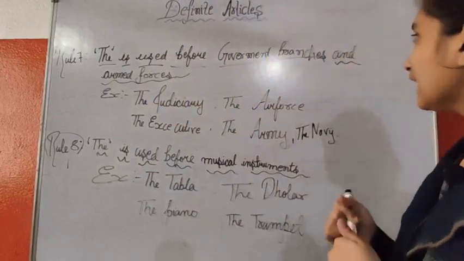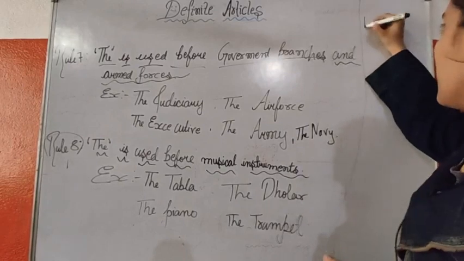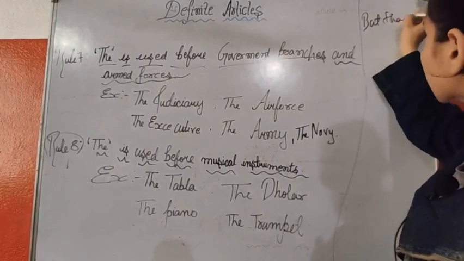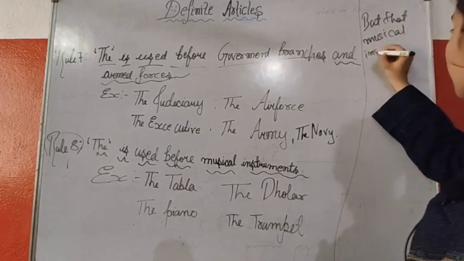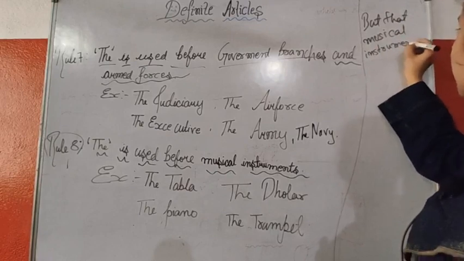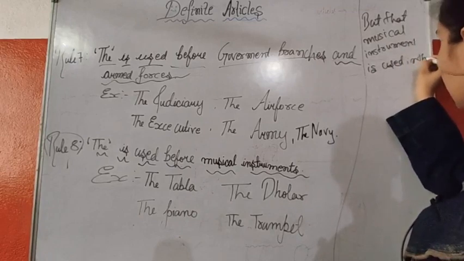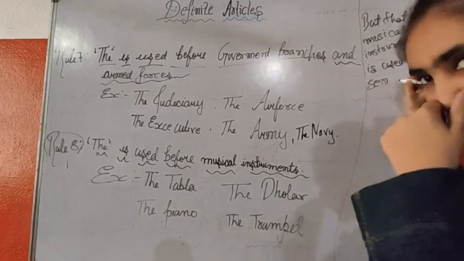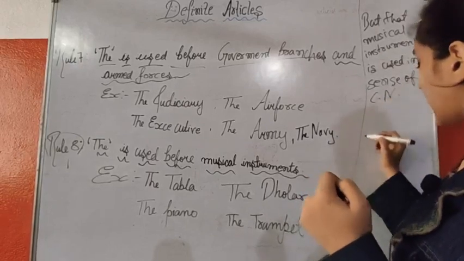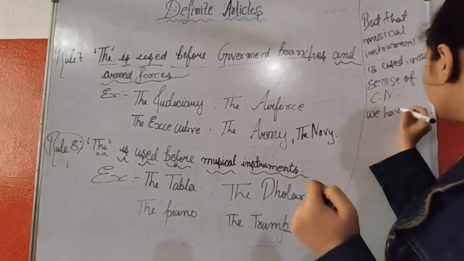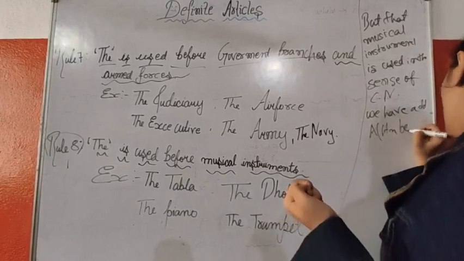But if that musical instrument is used in the sense of a countable noun, then we have to add "a" or "an" before that.